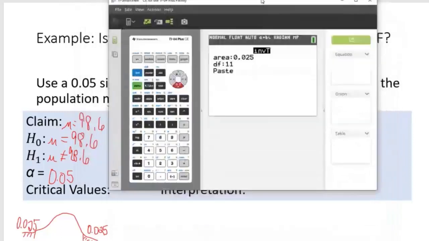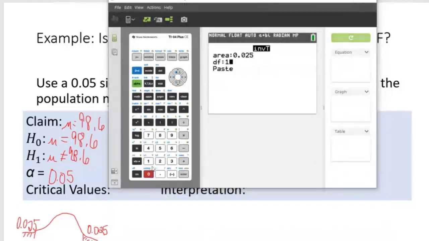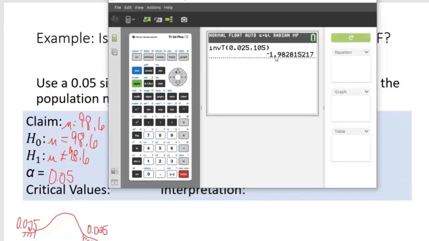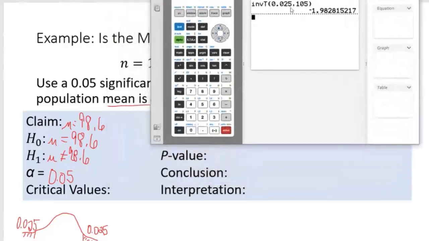N was 106, so my degrees of freedom is 105. So this value right over here, the critical value over here on the left, is negative 1.983.